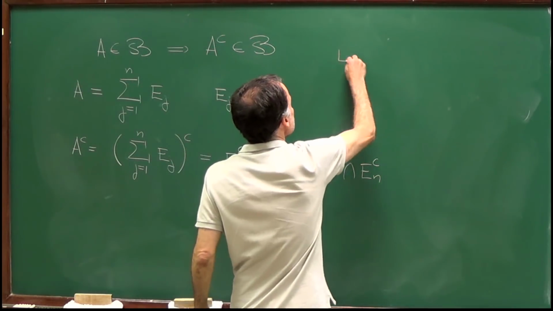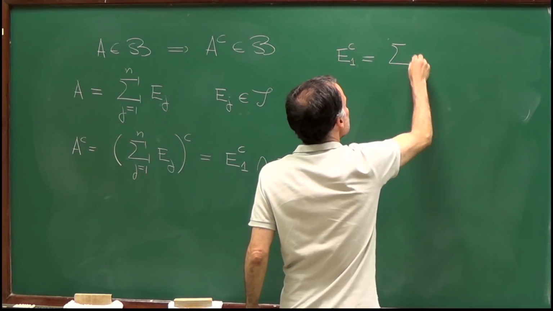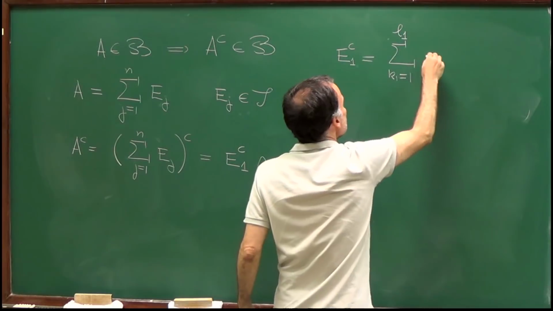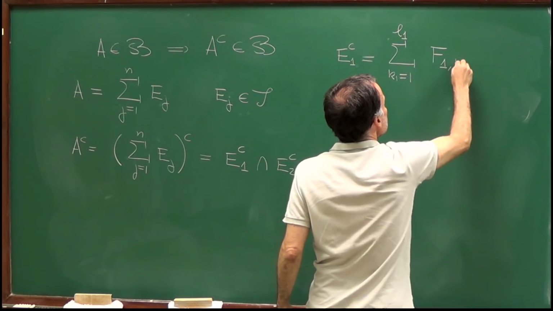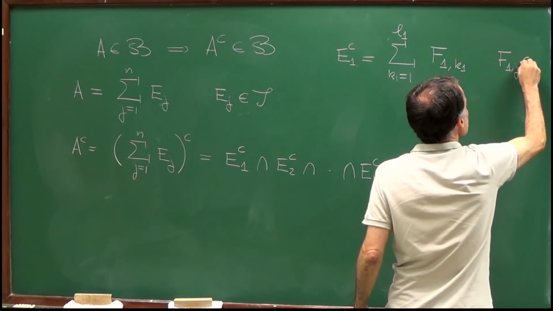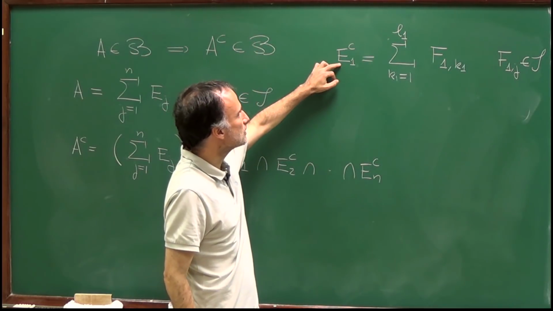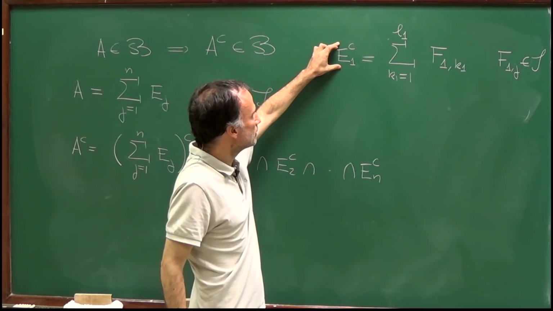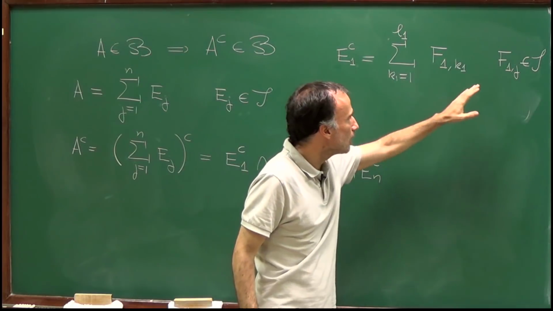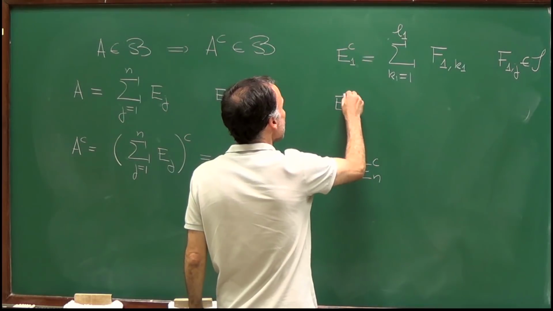This means that E1 complement can be written as a sum over K1 going from 1 to L1 of F_1K1, where F_1j belongs to the semi-algebra. So this is one of the properties of the semi-algebra: the complement of a set in the semi-algebra can be written as a finite disjoint union of elements of the semi-algebra. And in the same way, this holds for any of these sets.